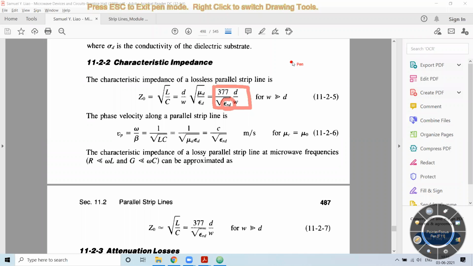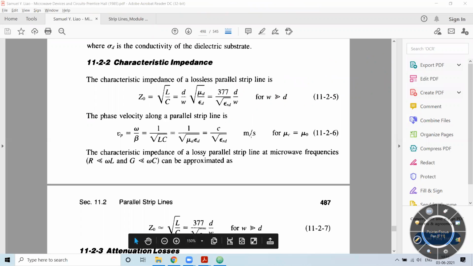It is not the epsilon, wherein epsilon is epsilon naught into epsilon r. Just to segregate that it is due to the dielectric, we just add the subscript: epsilon d is equal to epsilon naught into epsilon rd. So in this case, this is the value what you are using over here.